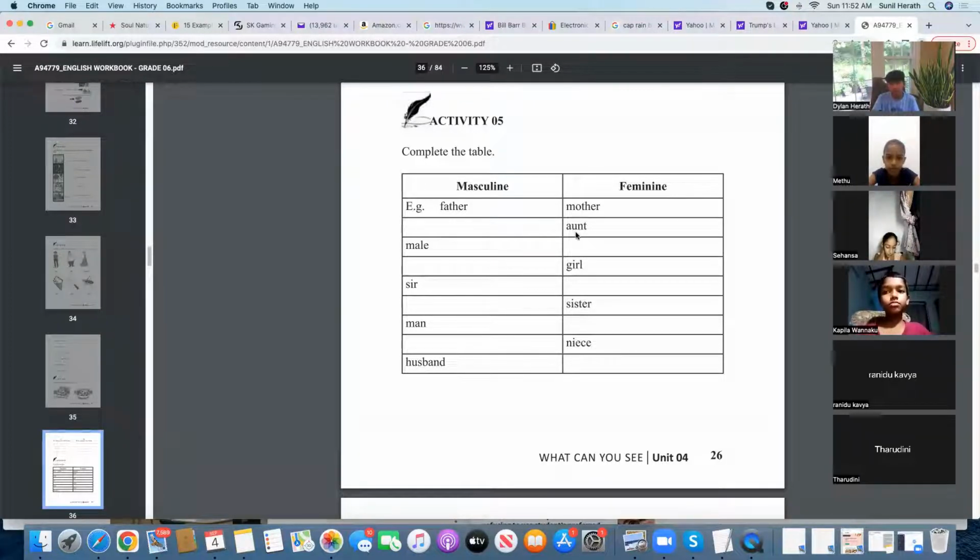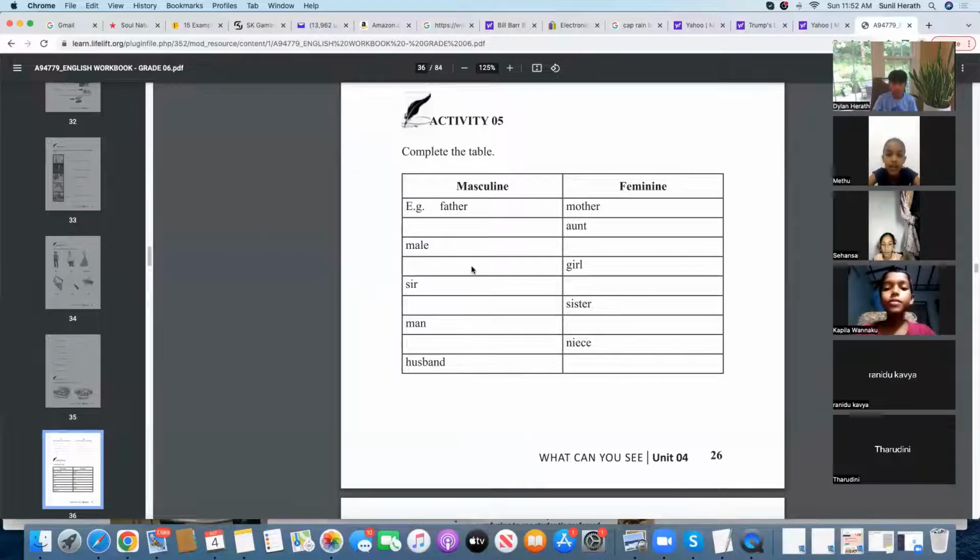So what would be the male version of an aunt? Uncle. Yes, thank you. What is the feminine version of male? Female. Yes. What is the masculine version of girl?